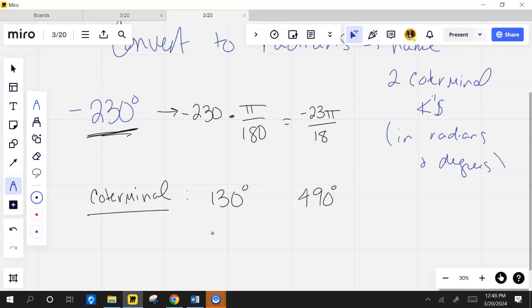All right, where did these numbers come from? Because this is exact.